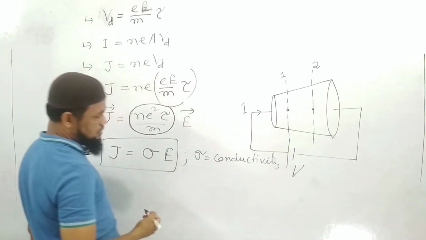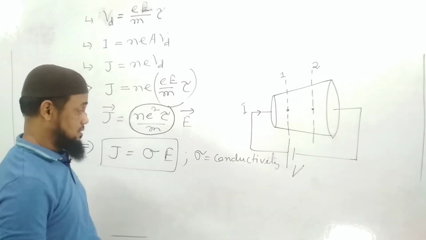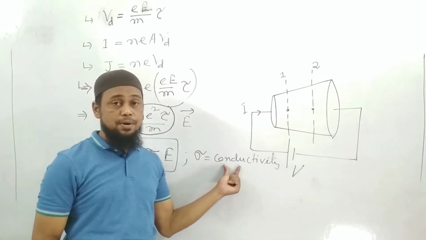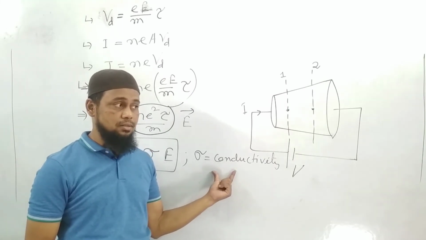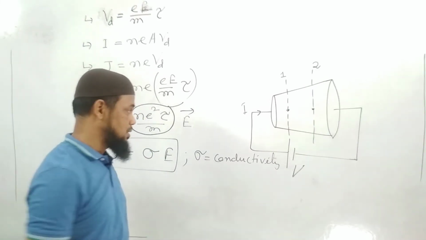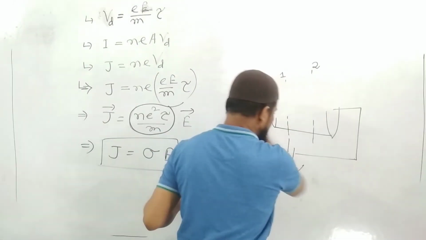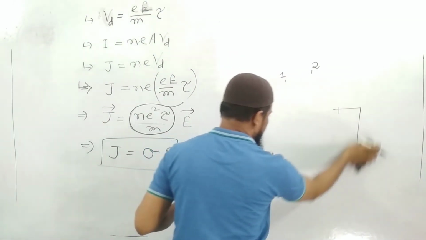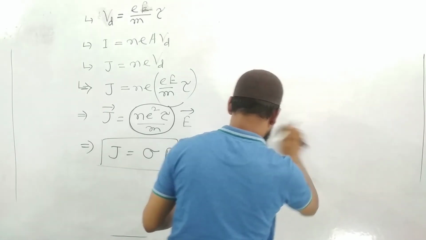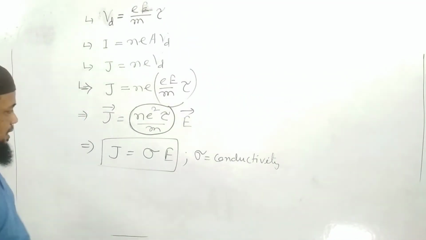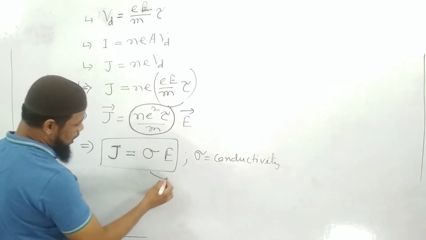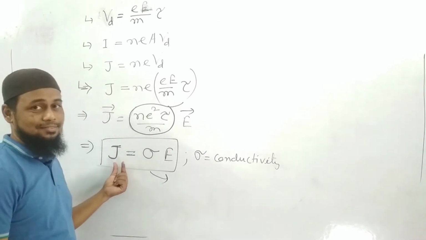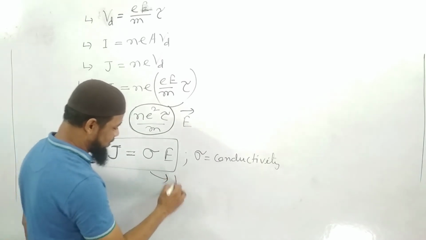Remember this relation. The sigma is called conductivity. Conductivity is a property of a conductor. Conductivity, resistivity, conductance, resistance. Remember something? Class 10. You have read something in class 10, right? Good. In one way, this is called Ohm's law in vector form.